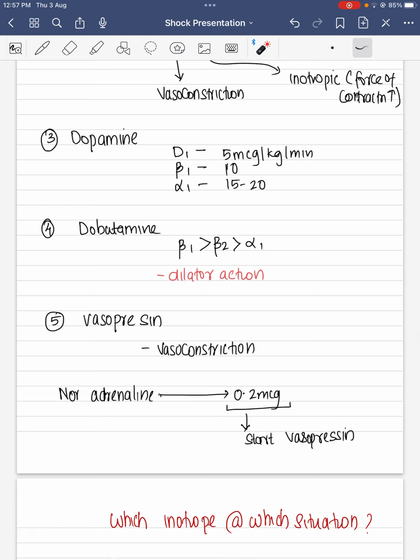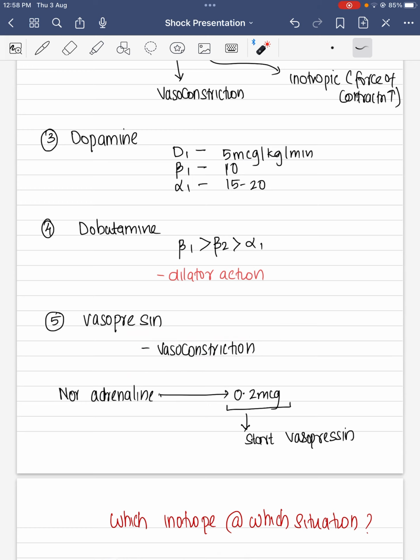Now let us see the fifth drug, that is vasopressin. What is the action of vasopressin? Vasopressin has a single sure shot answer: vasoconstrictor. No other actions. There are other actions like on V1, V3, etc., but not related to CVS. Here in the context of shock, the action of vasopressin is vasoconstriction.